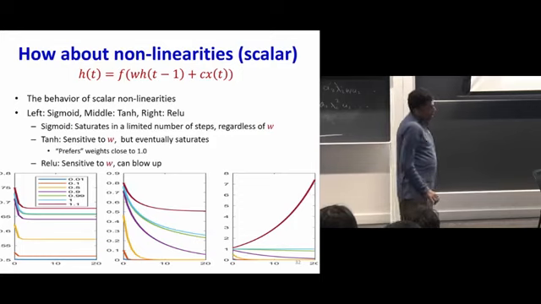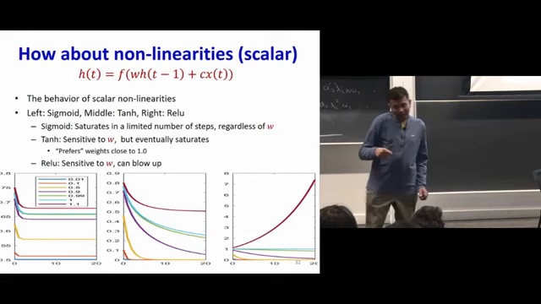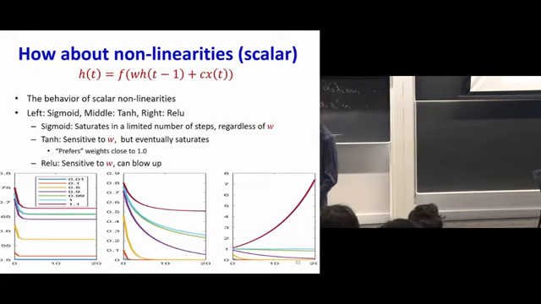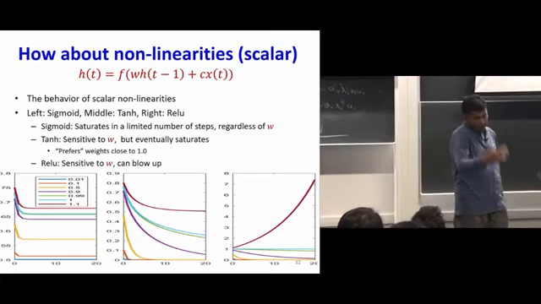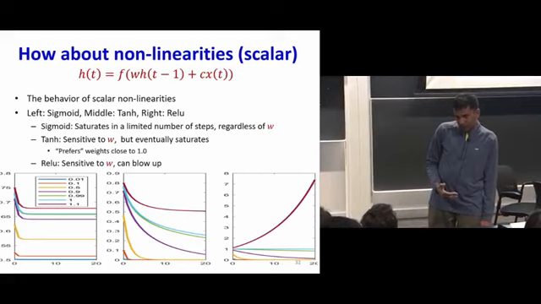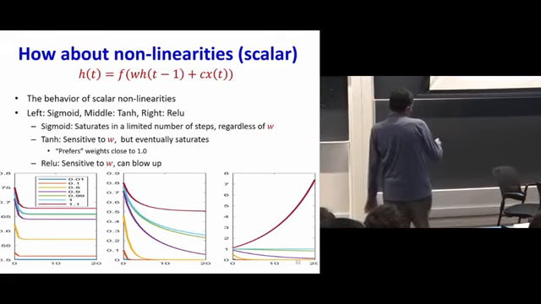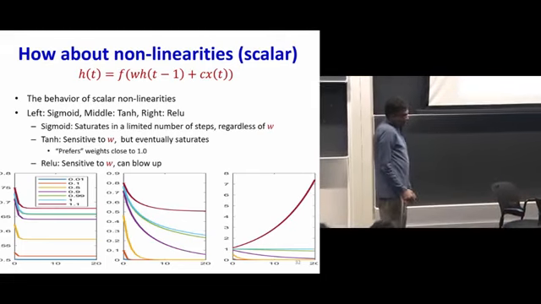Depending only on the value of W, it saturates at different points. Because although a nonlinearity cannot blow up, a nonlinearity can saturate. It can saturate in the upper direction. It can saturate in the lower direction, right? And so for the case of a sigmoid, this guy simply saturates.